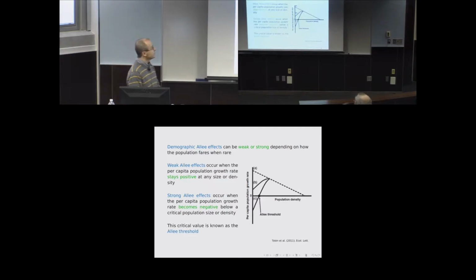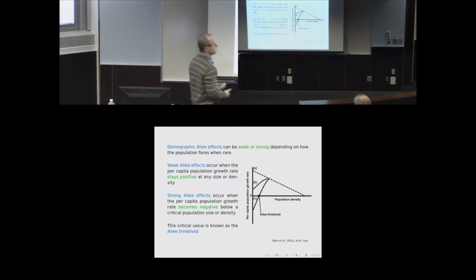When we speak of demographic Allee effects, we distinguish between weak and strong demographic Allee effects. As I said, the demographic Allee effect is the positive density dependence between population density and per capita population growth rate, and we can have this positive dependence declining to some positive number, or we can have it declining to some negative number and crossing the x-axis.